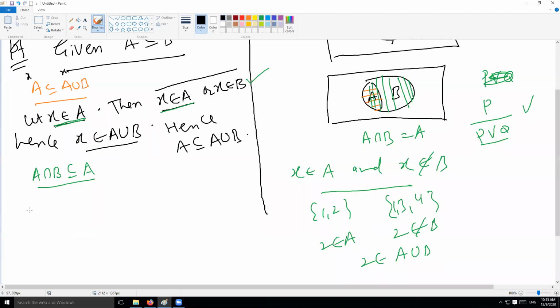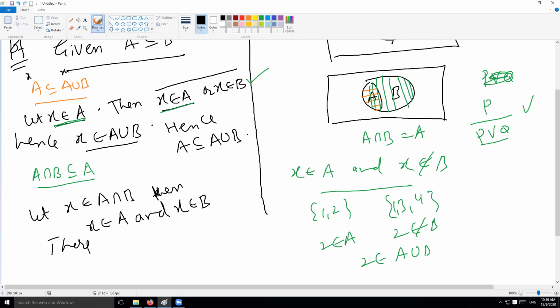And now, for example, if you have X belongs to A intersection B, then by definition, X belongs to A and X belongs to B. Therefore, I can say that X belongs to A. So it's like your modus ponens, huh?